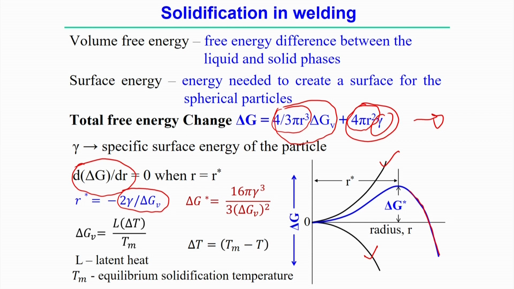But the total maximum amount of energy, or optimum amount of free energy change, is also related to the surface energy and the volume free energy in these cases. Now, for the critical size of the nucleus, there is a negative sign, which depends on the sign convention we consider for delta G V. Because of that sign convention the negative sign is there, but we can consider the magnitude of the size of the critical nucleus.